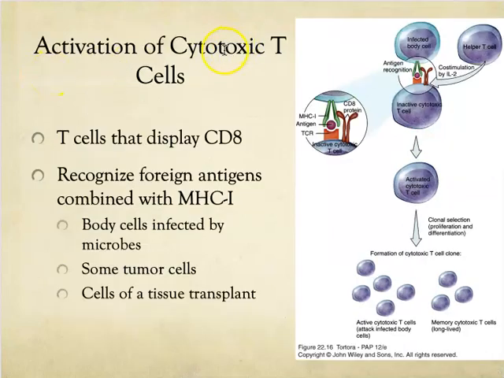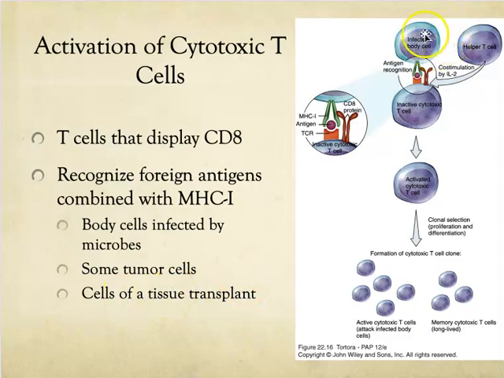Now, on the other hand, cytotoxic T cells, remember, these are going to kill off infected body cells. So these have that CD8 protein on their surface, and they are now going to recognize MHC1. Remember, all cells of the body, except for red blood cells, will have an MHC1 complex. So these are things like body cells that are infected, tumor cells, transplanted cells.